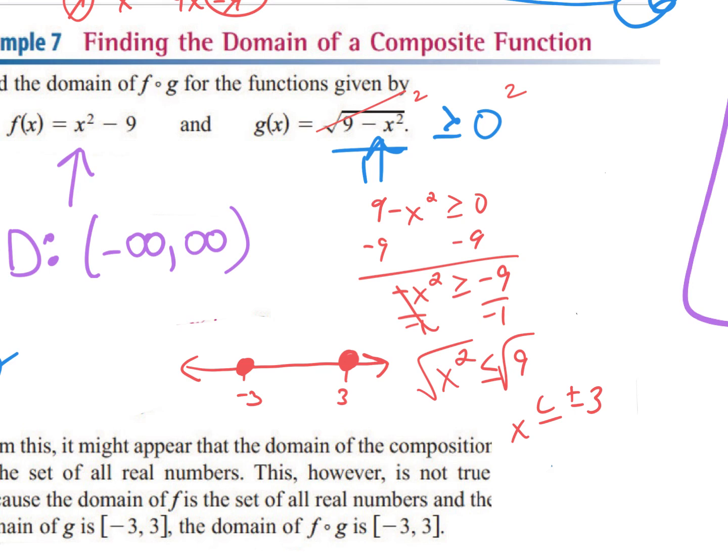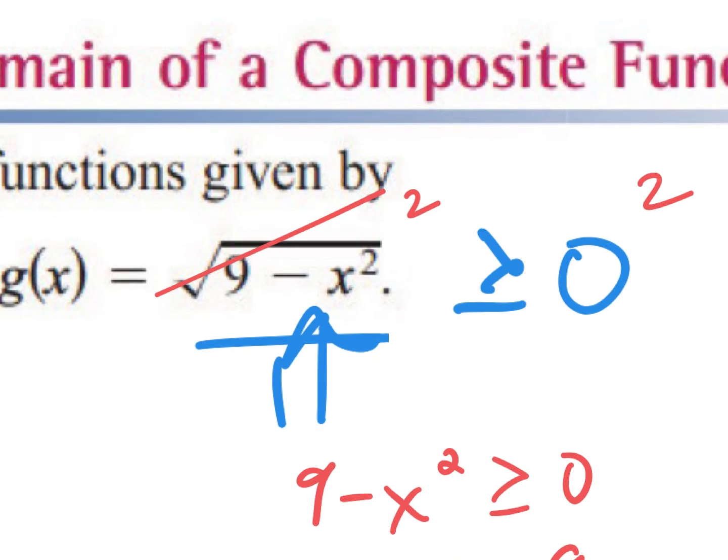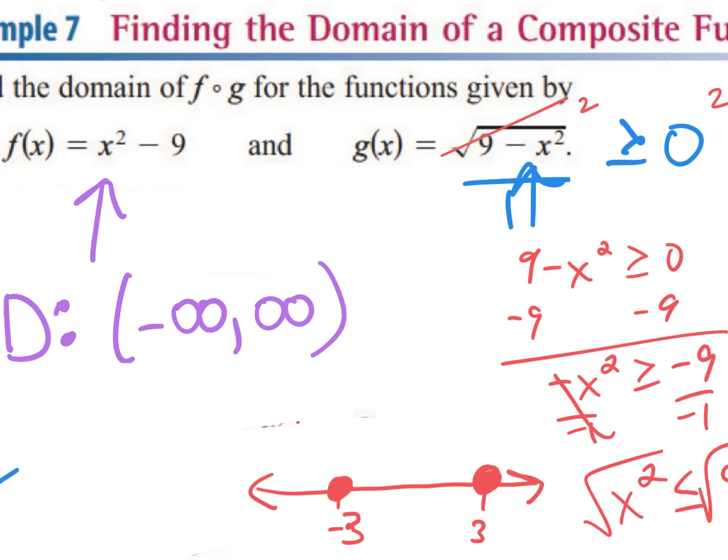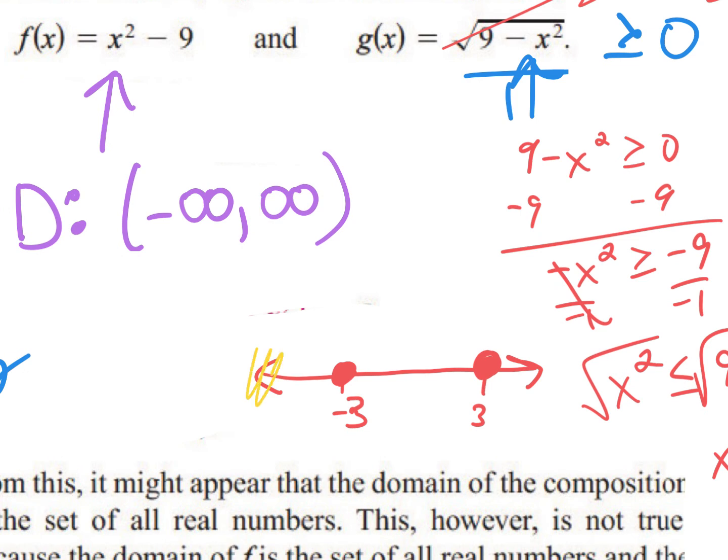If you don't know which way to color, let's just think about it. Pick something to the left-hand side of negative 3, any number, like negative 4. If I plug negative 4 in here, what's negative 4 squared? 16. So 9 minus 16 gives me what? A negative.